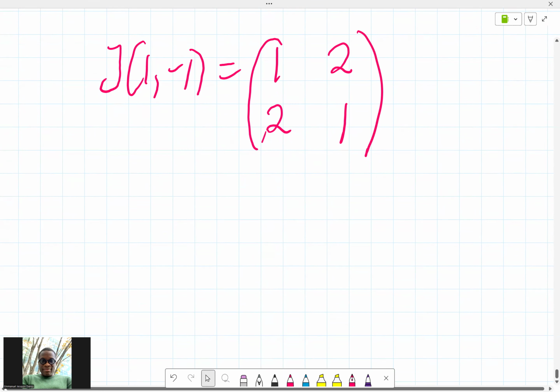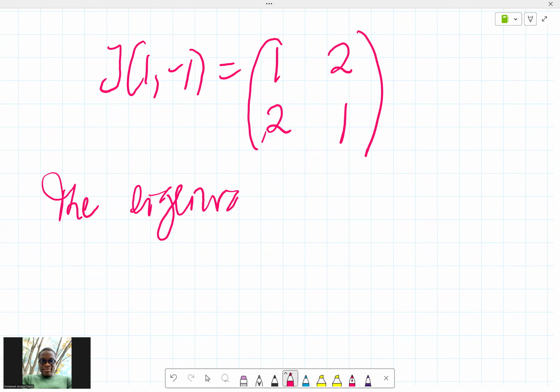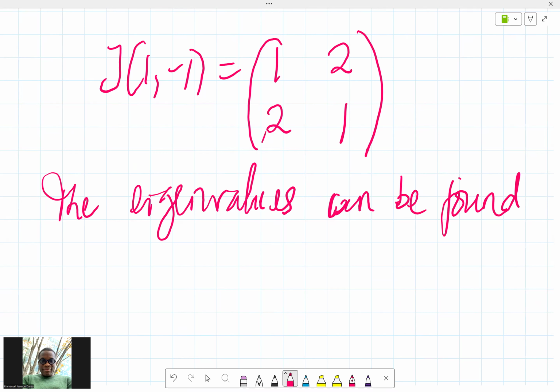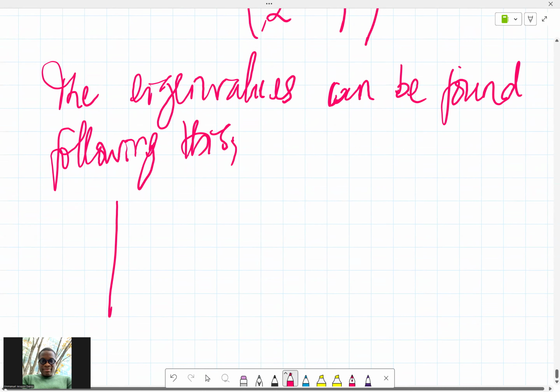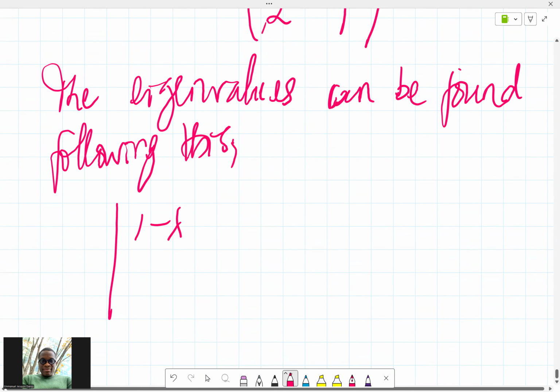And so the eigenvalues can be found following this. So we just have 1 minus lambda, 2, then 2, 1 minus lambda.